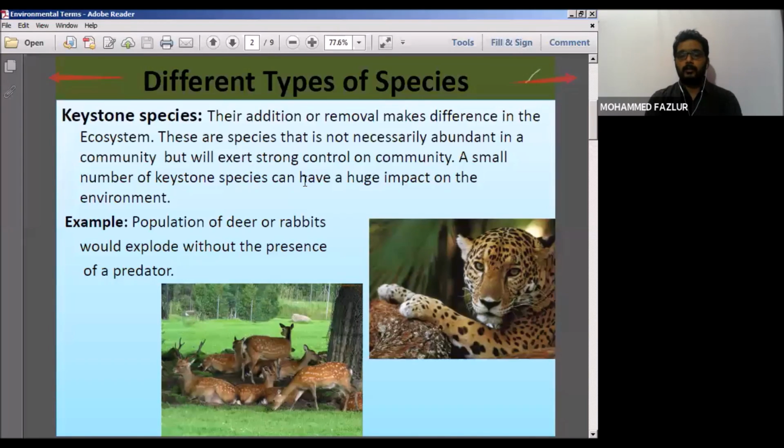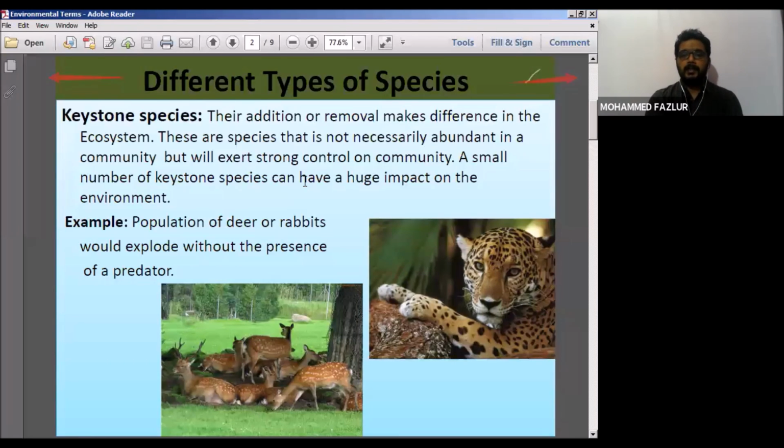So in this trophic level, carnivores are very important, so these carnivores, the topmost trophic level, are called keystone species. Keystone species are those species whose addition or removal from the pyramid will definitely make some sort of imbalance in the pyramid or the trophic levels.